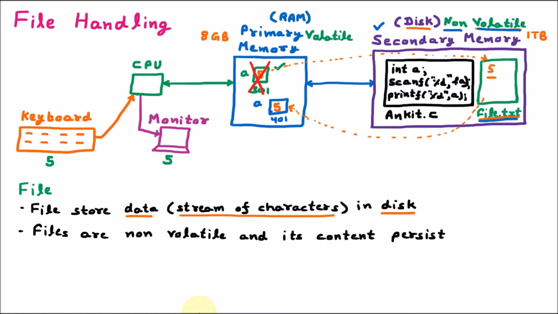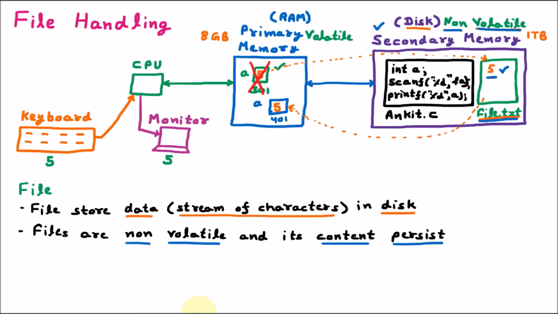That is called non-volatile. So their content will remain as it is. Here we have saved the data, which is 5. That 5 will be saved, and whenever you want, you can fetch that data.